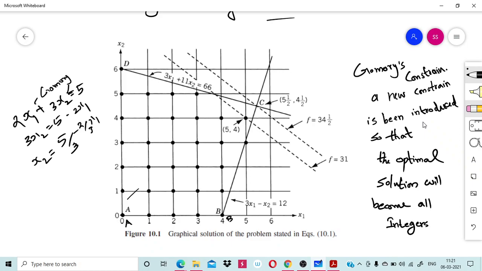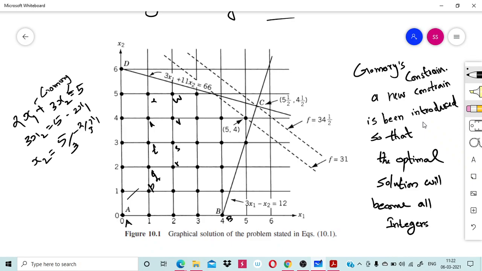These black dot points, suppose this is P, Q, R, S, T, U, V, W, X, etc. All these points, subject to the same constraints, result in all integers.